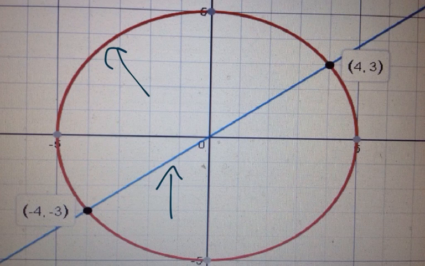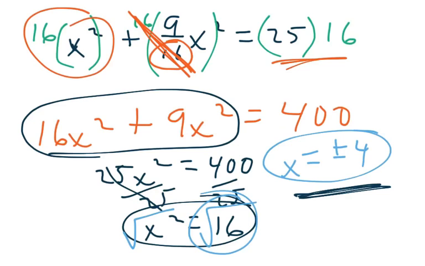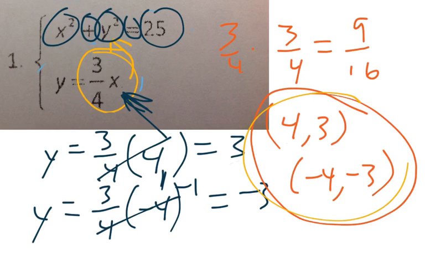And if you look carefully enough, guys, notice they cross at two points. The line crosses the circle down here at negative 4, negative 3, and up here at positive 4, positive 3. Right? Guess what? That's exactly what we got here.